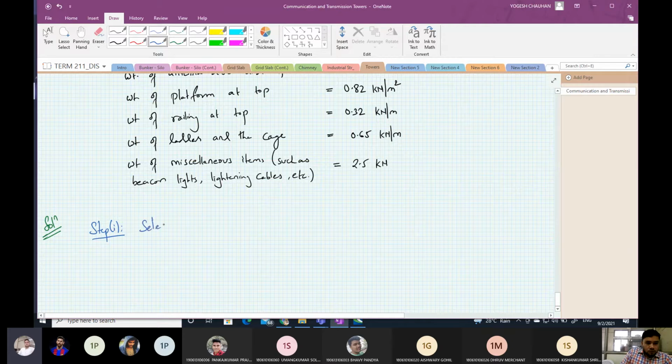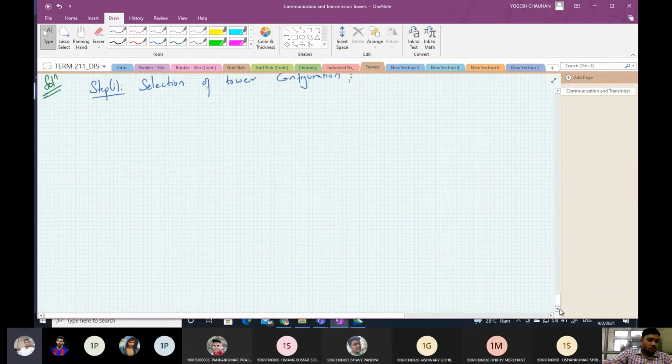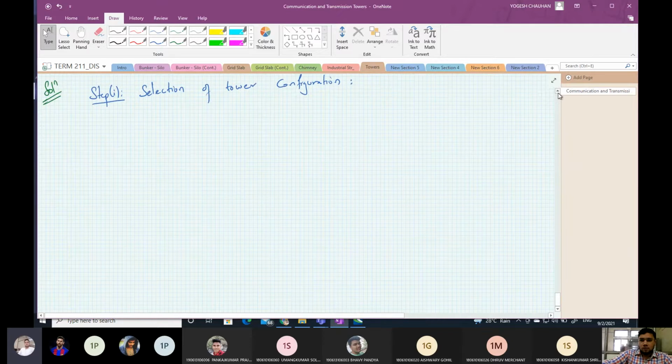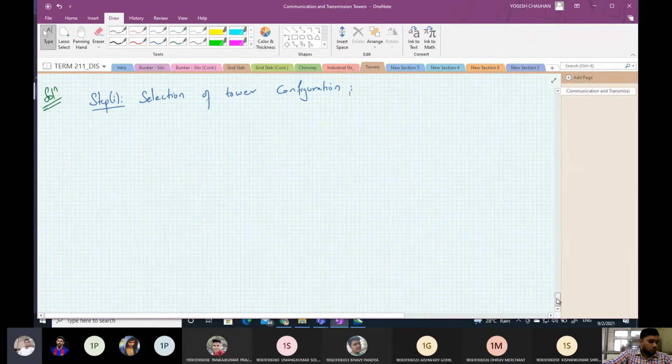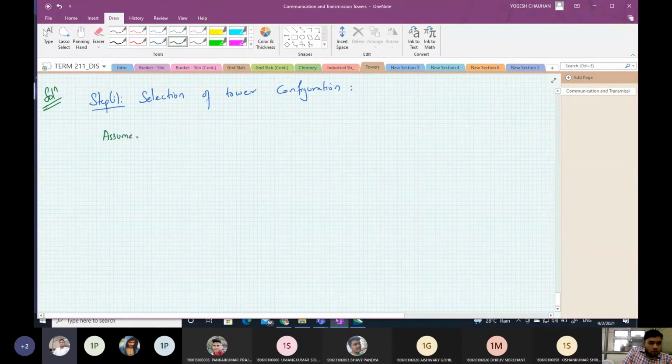So first step is selection of tower configuration. Let us assume B by H ratio as 1 by 8.